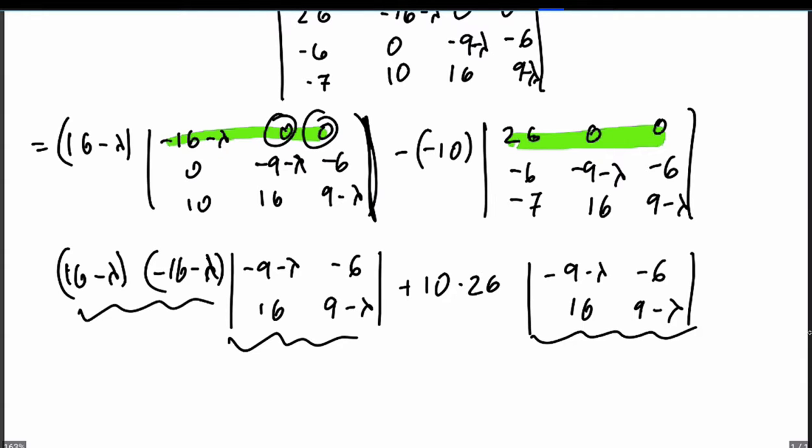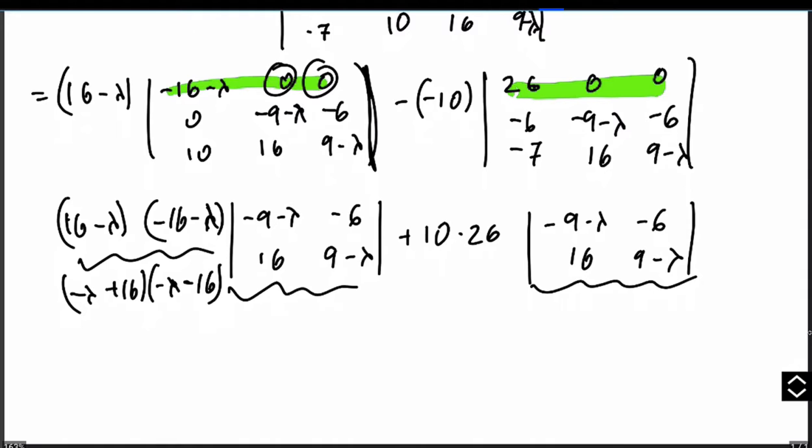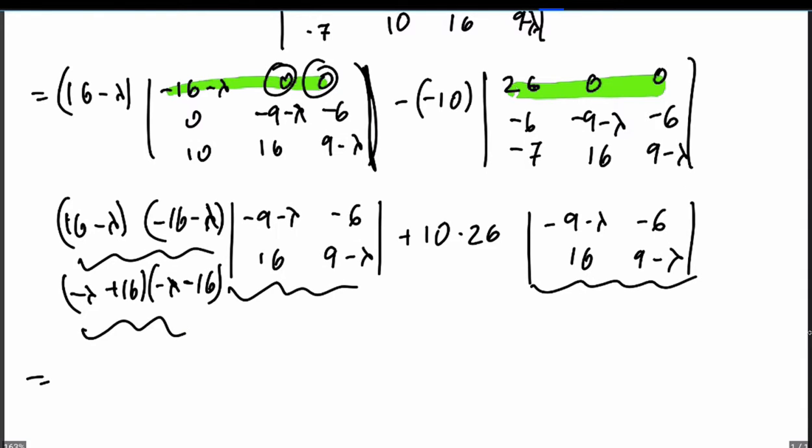Also, if I rewrite this as minus lambda plus 16 times minus lambda minus 16, then this is the sum and the difference of the same two quantities multiplied together. So we have the identity for this, that this is the difference of the squares. Minus lambda squared is just lambda squared, and the minus 16 squared. Then after factoring out the 2 by 2 determinants, we also have plus 10 by 26, which is 260.